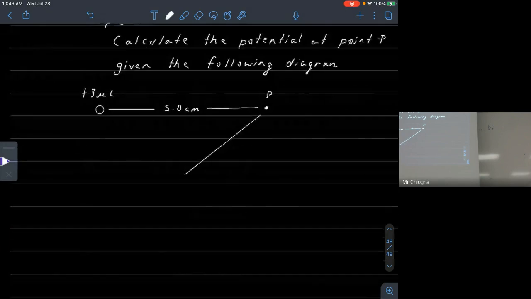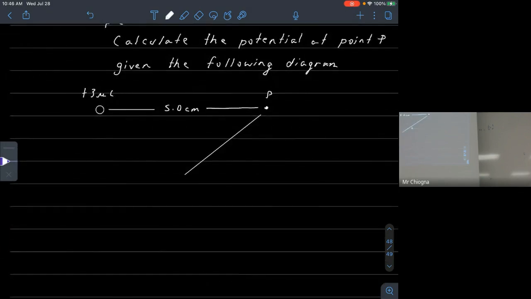This is a diagonal. This is 4 microcoulombs. It's positive.